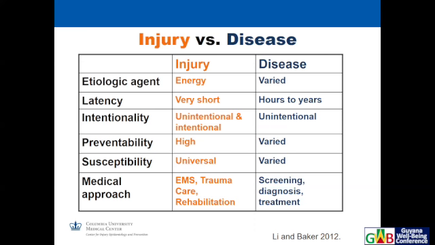In the hospital, you have trauma care units, a burn unit, and so on. Rehabilitation medicine also serves a lot of the post-trauma care, to help recover some of the functions. On the other hand, in disease prevention, the medical approach usually involves screening, early detection, early diagnosis, and treatment.